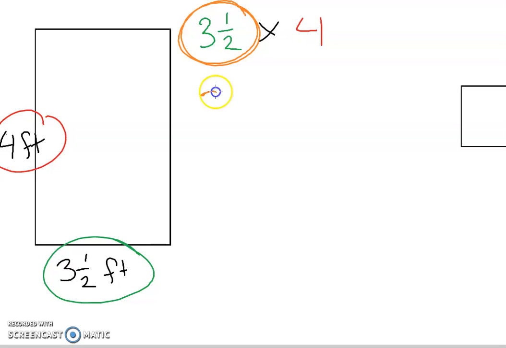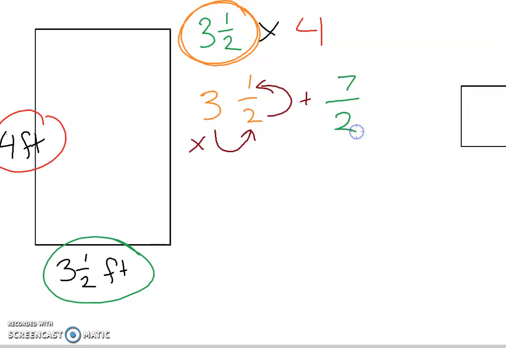So how you do that, you're going to take your whole number, multiply it by the 2, and add it then to the top. So 3 times 2 is going to give you 6, plus 1 is 7, and then you rewrite it over the original denominator. So we now have 7/2 times 4.